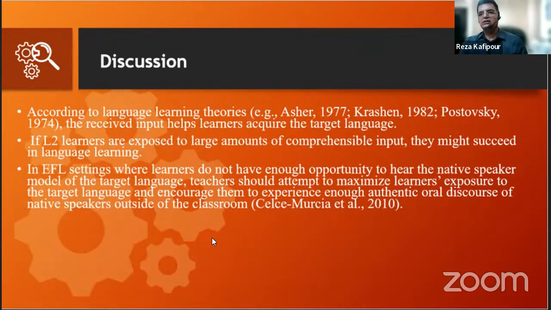So they should not limit teaching pronunciation to the classroom. They should provide authentic oral material, and ask the students to work on the pronunciation and the material outside of the class as homework, or an out of class activity, something like it.